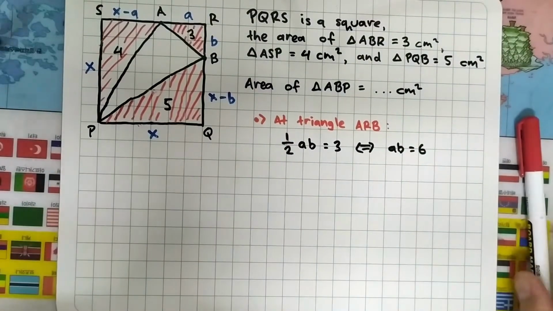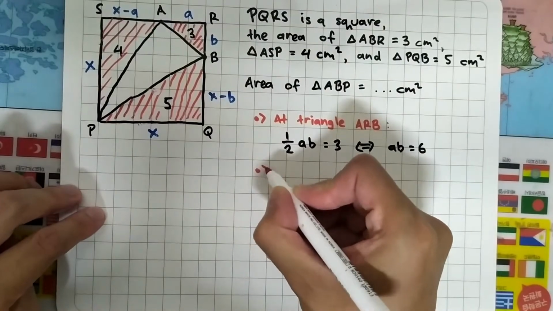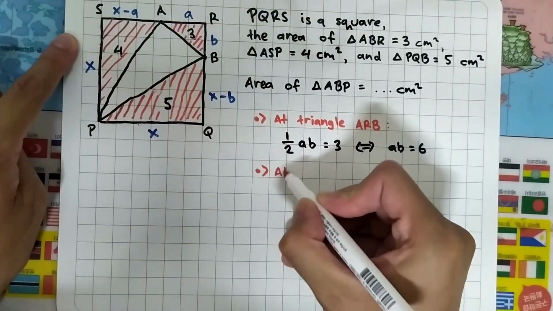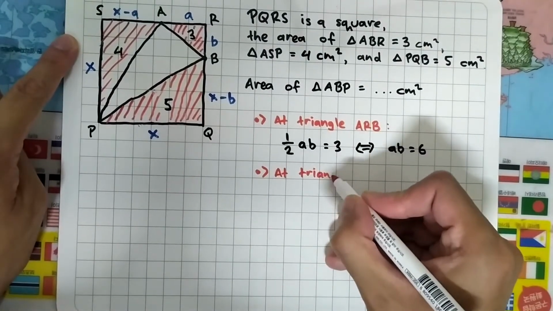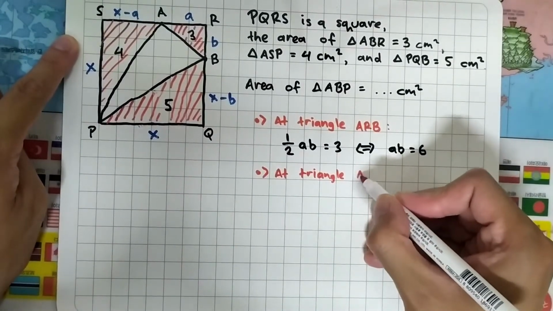And now let's move on to another triangle. I will move to triangle ASP.